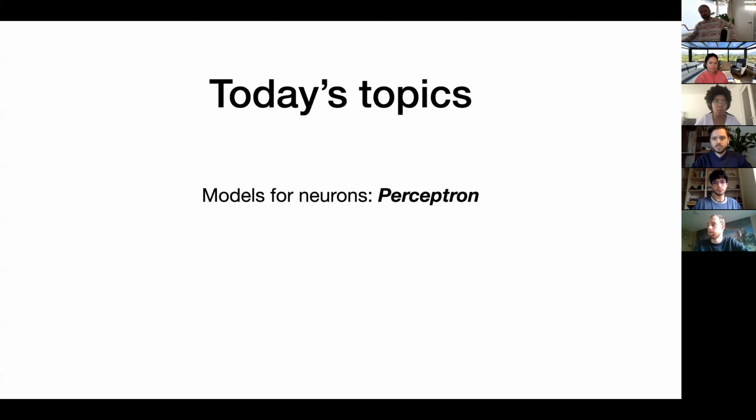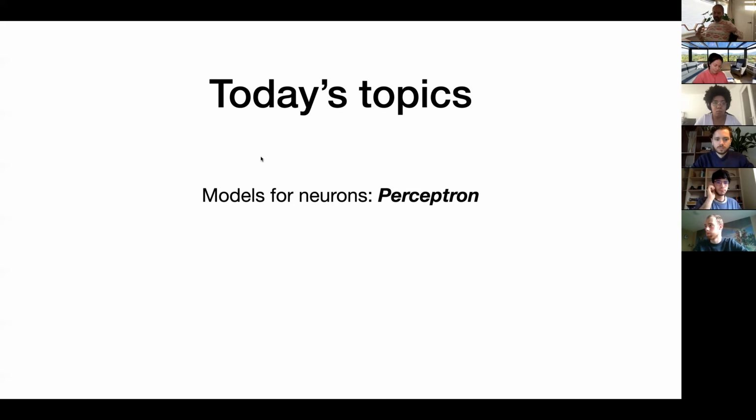So today I'm going to start out with the simplest of models for how a neuron works, and that's the perceptron. It's a really old model for how neurons work.